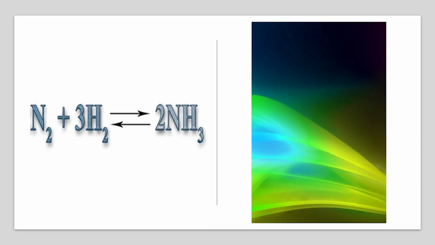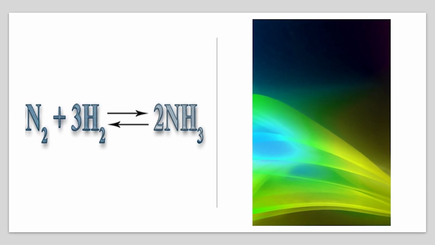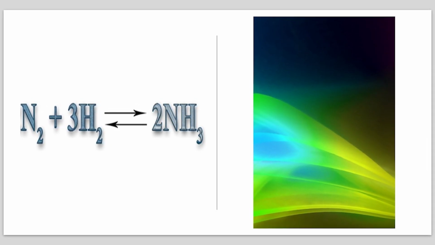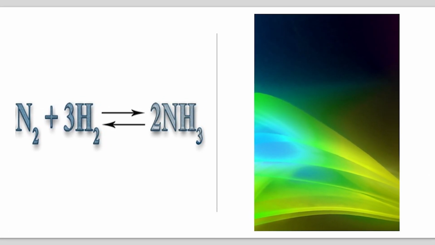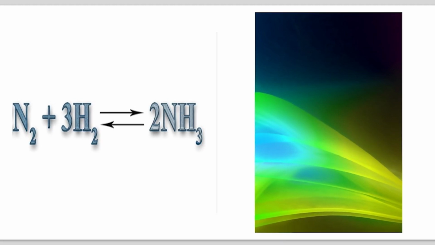So, I ask one question to you. Consider the formation of ammonia as an example. The reaction is nitrogen plus hydrogen gives NH3, ammonia. Can you say how we can increase the amount of ammonia in the equilibrium mixture?